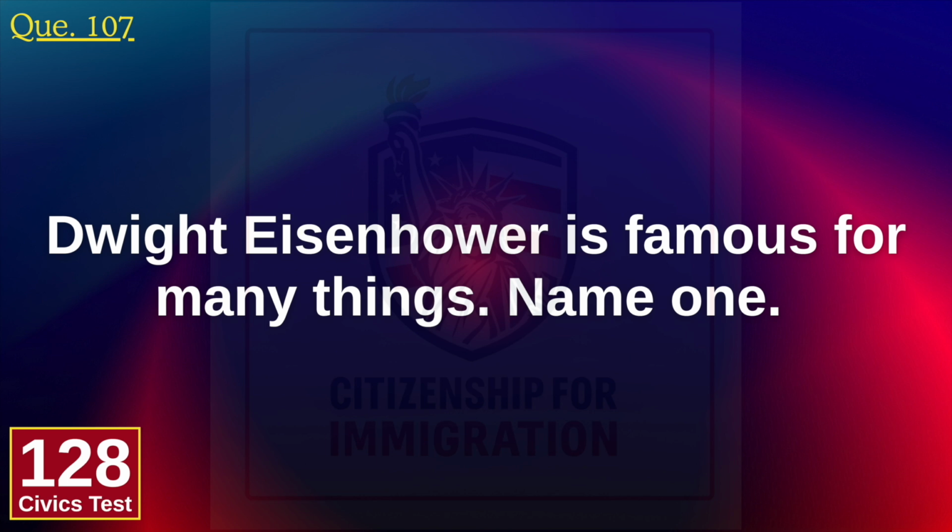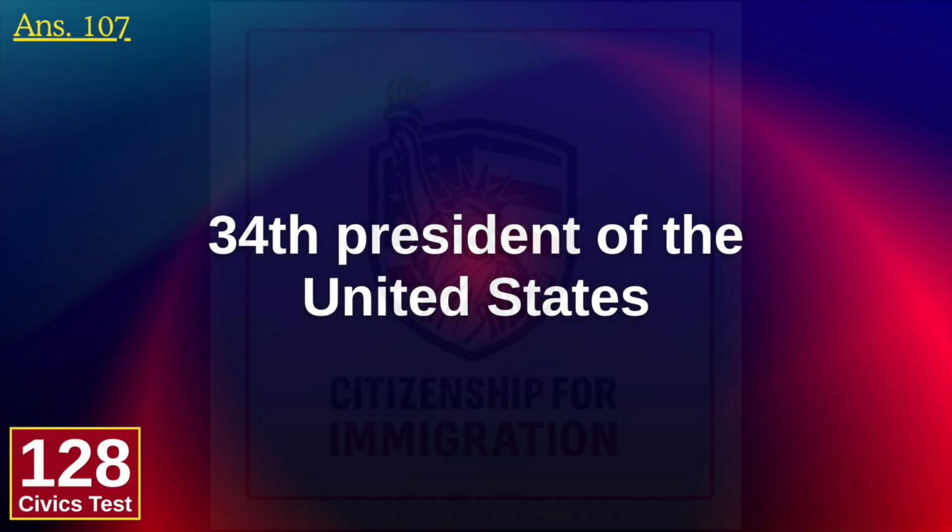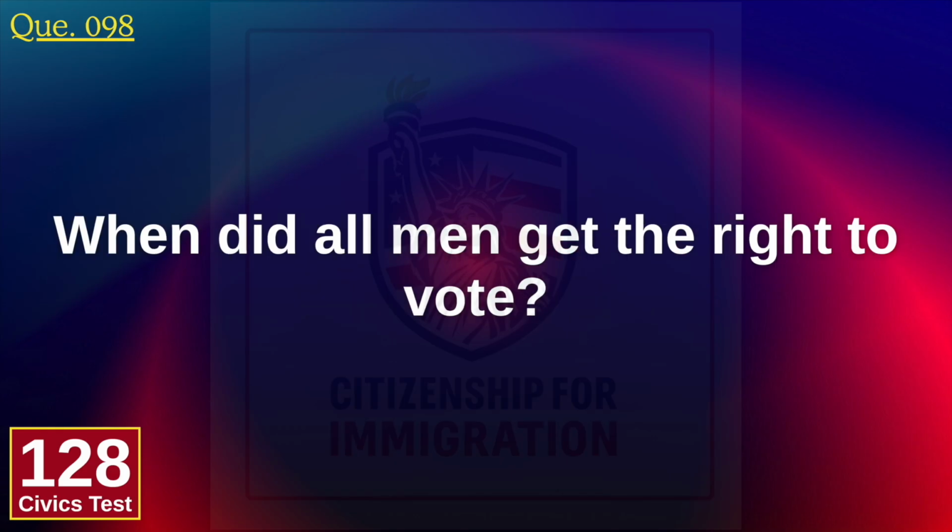Dwight Eisenhower is famous for many things. Name 1. 34th President of the United States. When did all men get the right to vote?